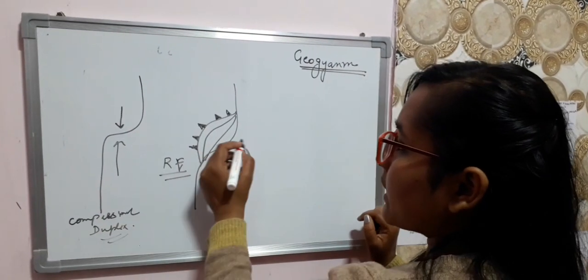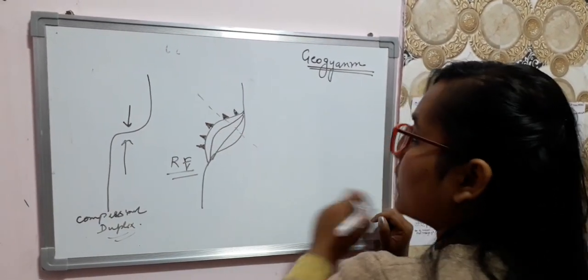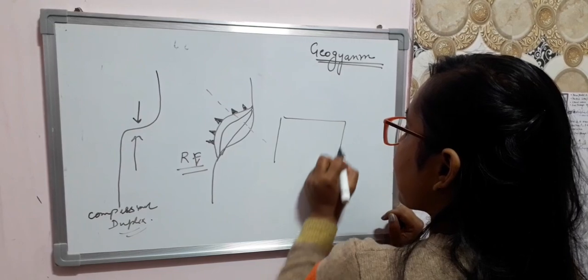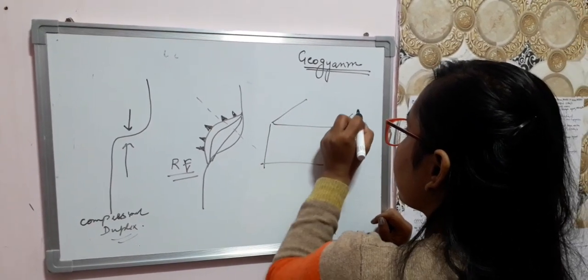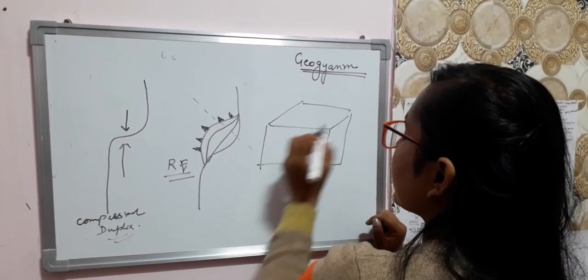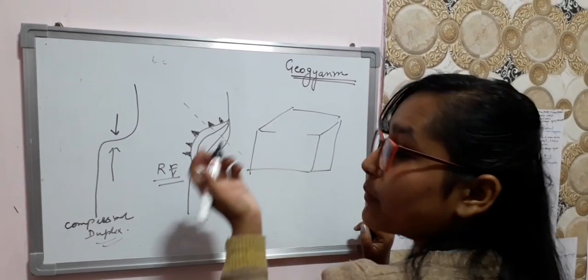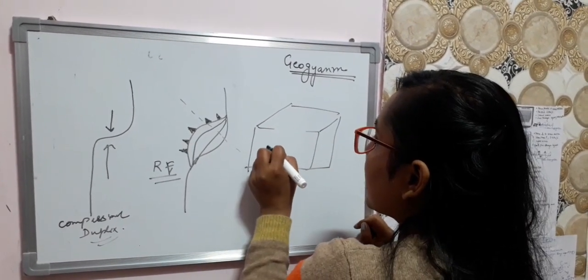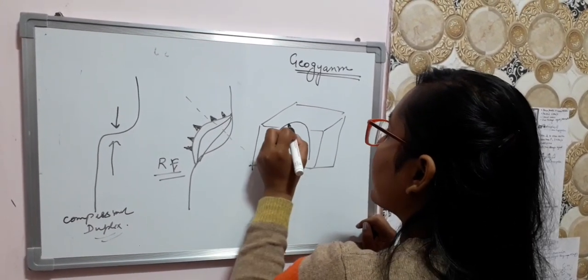And how does it look if you take a cross section of this area? It will be convex upward. Okay, so it will be like this.